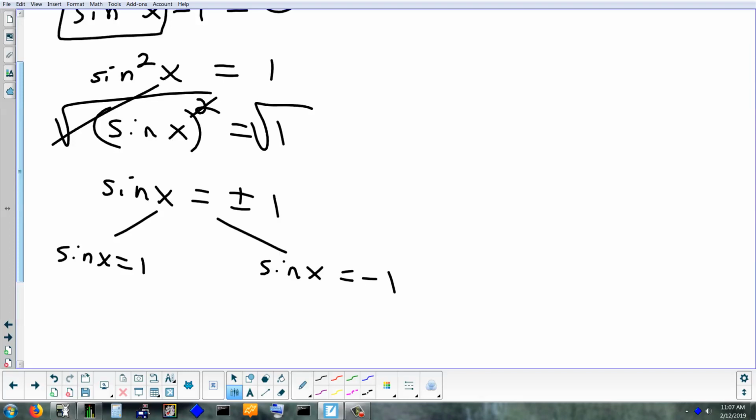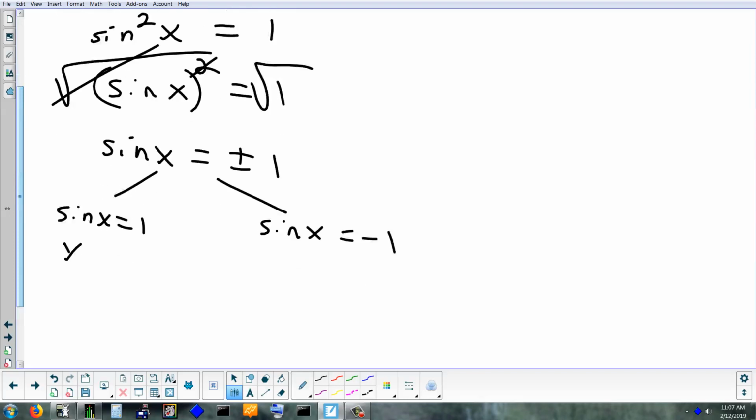Do you want to remember the name? Sine -1, yeah, so we got that, but we got to go one step further and get the name of it. Inverse sine. Yes, inverse sine. So take the inverse sine of what's on the left. That gets rid of sine. So there's one answer.